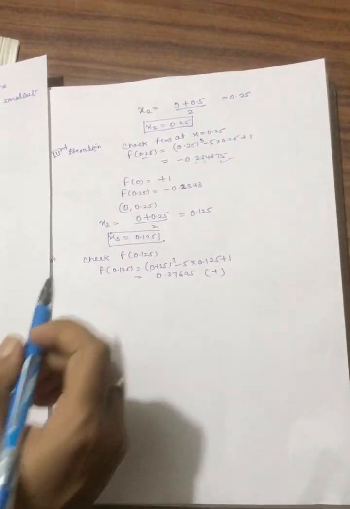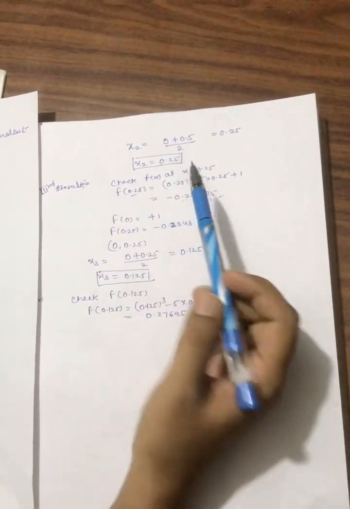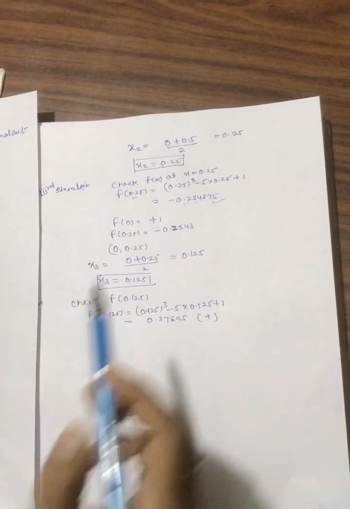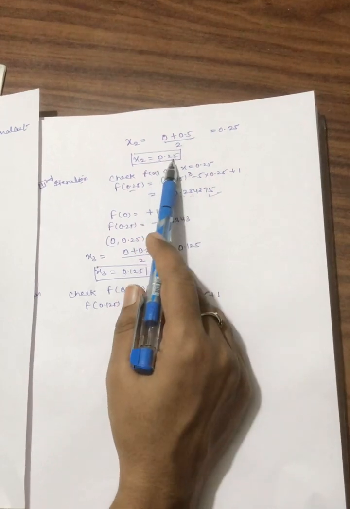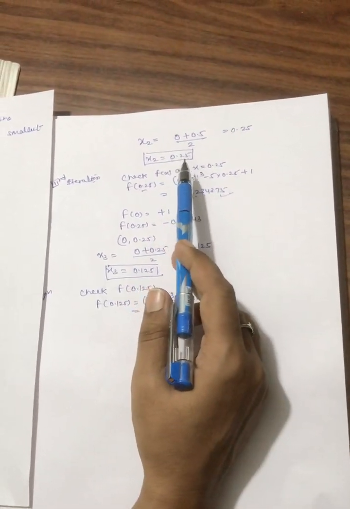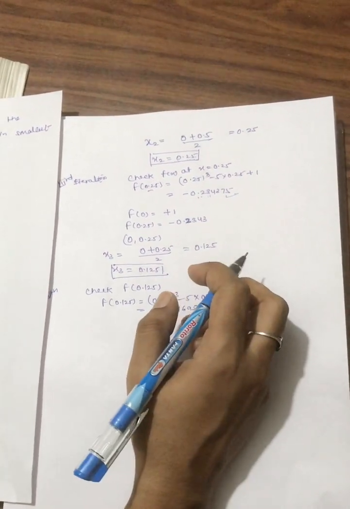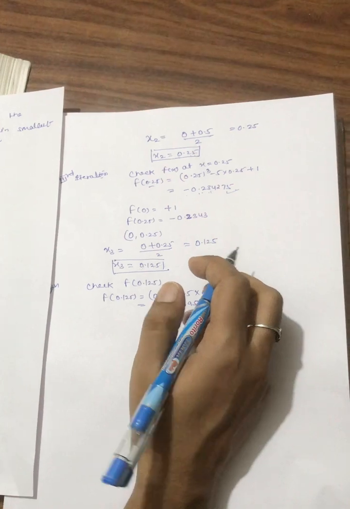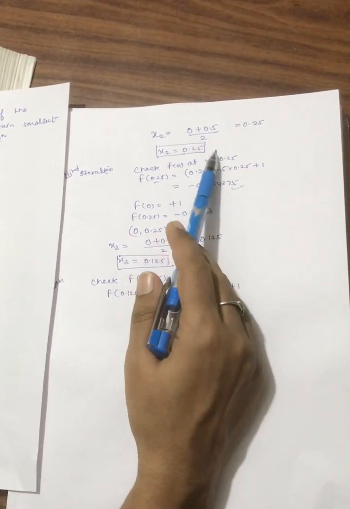So we have three negative values: 1, 0.25, and 0.5. In that type of condition, we only choose the nearest root value. So the nearest value to 0.125 is 0.25, so you will choose 0.25, not 0 or 0.5.